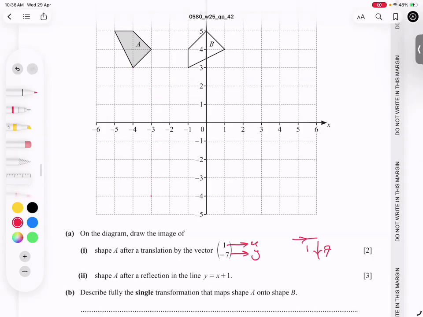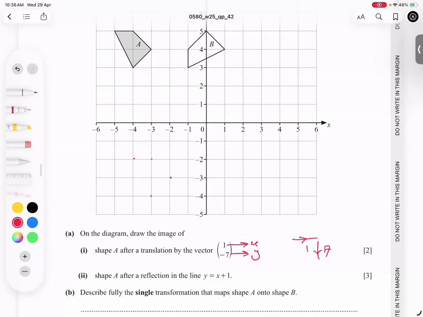I hope it is clear. Now count from here. 1, 1, 2, 3, 4, 5, 6, 7. What about this side? Same. And the last point here, 1, 1, 2, 3, 4, 5, 6, 7.